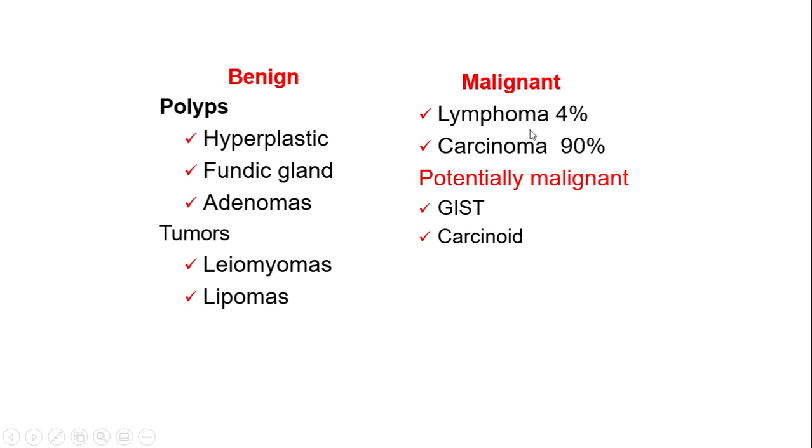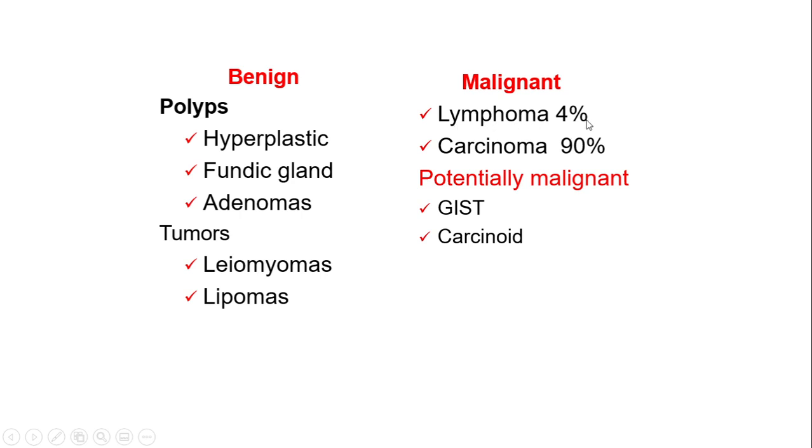Malignant tumors: most are carcinoma on a background of chronic gastritis with H. pylori, or adenoma complicated by carcinoma, and lymphoma, that is a tumor of the submucosal lymphoid tissue. It is called maltoma.